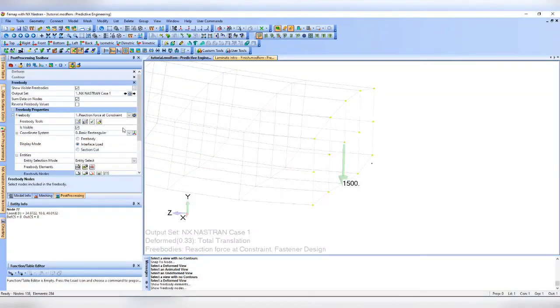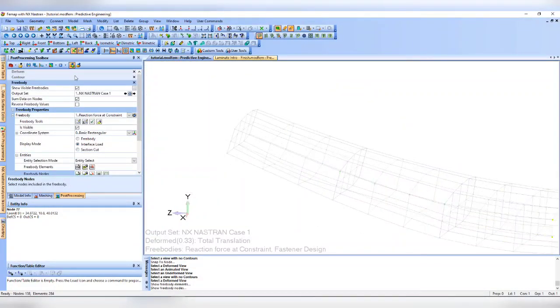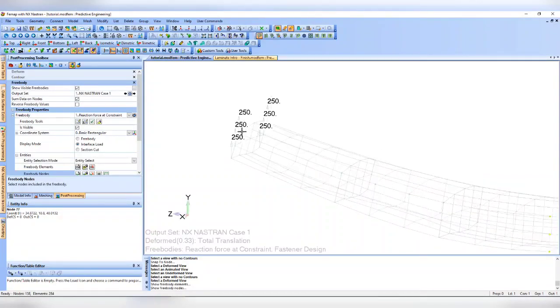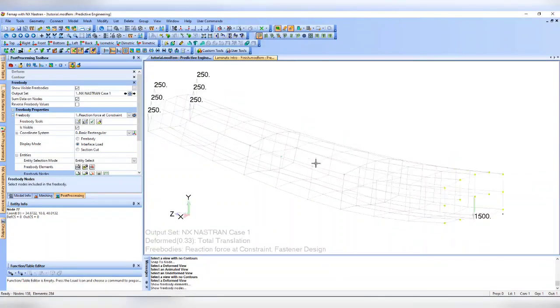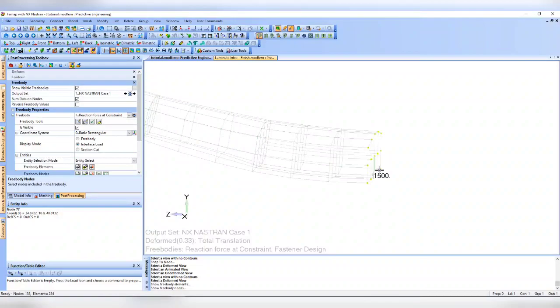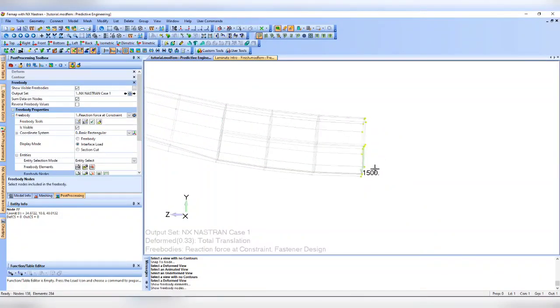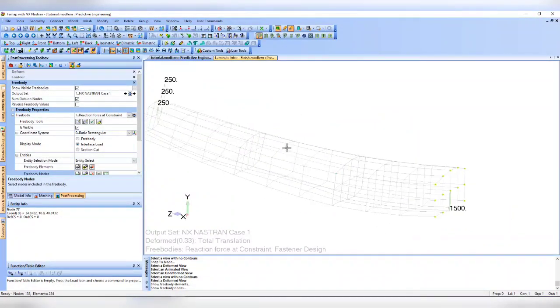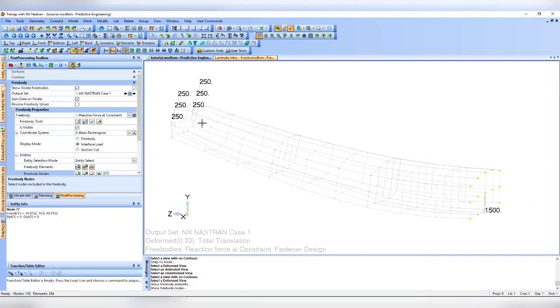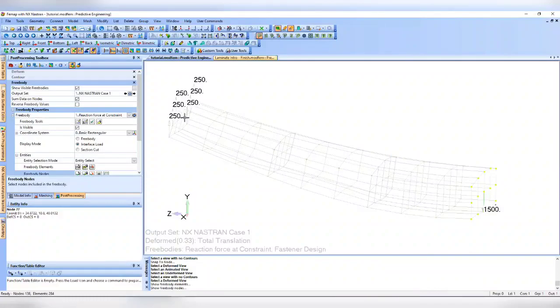The thing I'm checking is: does the total summation force of 250 times 6 get translated all the way across? And you can see it is. 250 times 3 is 750, times 2 is 1500. So the total applied force is 1500 pounds.